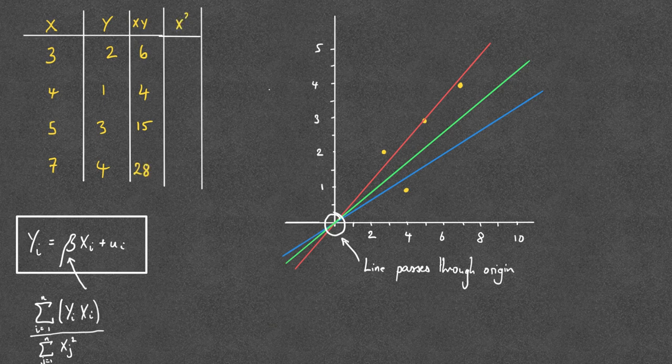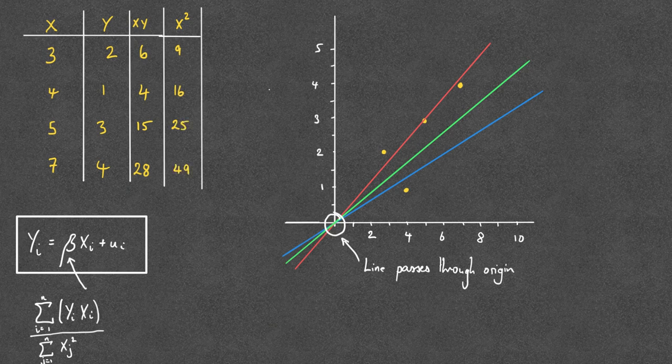And x squared, the denominator of our estimator, looks at the sum of the x squareds, so we're just looking at 3 squared plus 4 squared plus 5 squared plus 7 squared, or 9 plus 16 plus 25 plus 49.